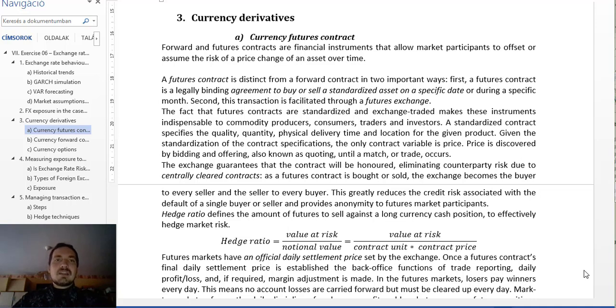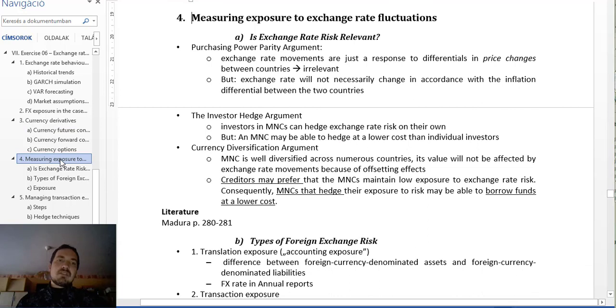So today let's continue, because we still have to talk about how we can define currency derivatives, and what the tools are with which we can at least manage foreign exchange rate risk. And then during the next video I will talk about how we can manage risk actually. So what are the risk management strategies?